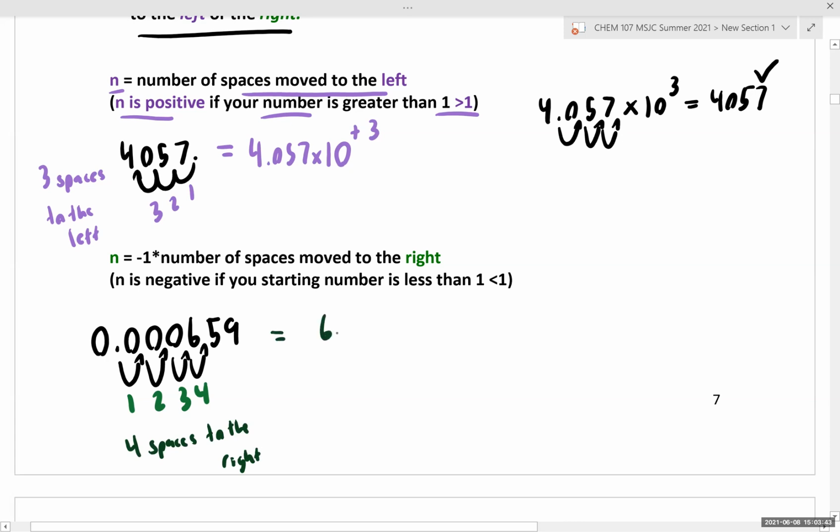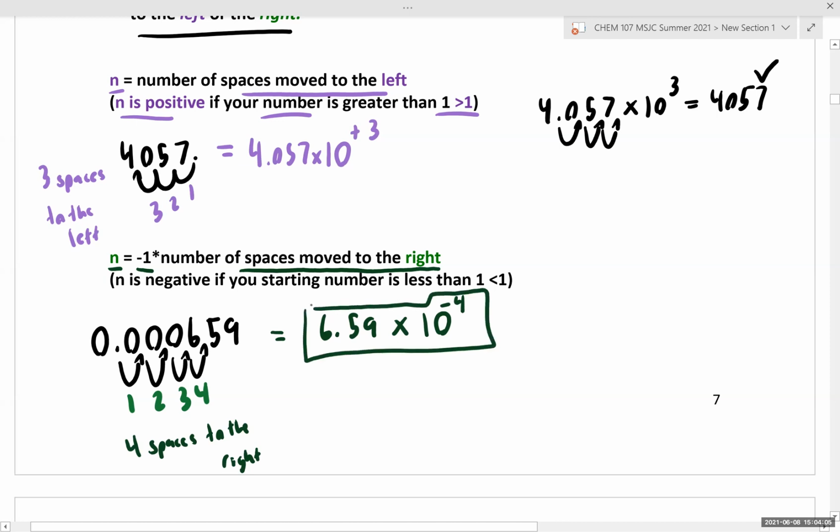That gives us 6.59. Because our number is less than 1, and because we moved our decimal point 4 spaces to the right, our exponent n is -1 times the number of spaces moved to the right. In this case, -4. So our final value would be 6.59 times 10 to the -4th.